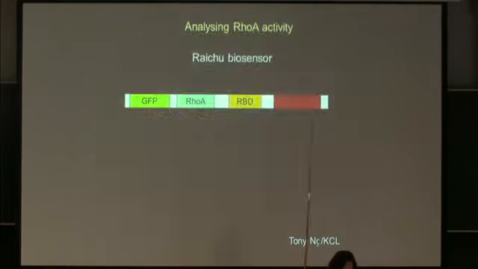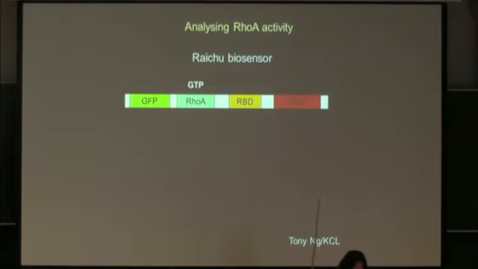So we wanted to actually look at this, and to do this we use what's called a fluorescent FRET biosensor, where we are using the properties of fluorescent proteins and a process called fluorescence resonance energy transfer. I'll explain this in a minute.